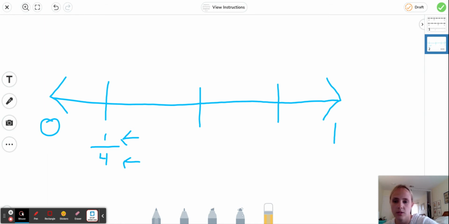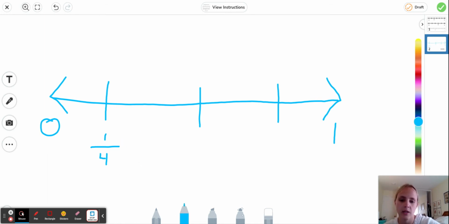Let me erase this. This next line right here, think of what you think that line could be. If the first line was 1/4, what would the next line be? I'm going to give you a few seconds to try and think about that.